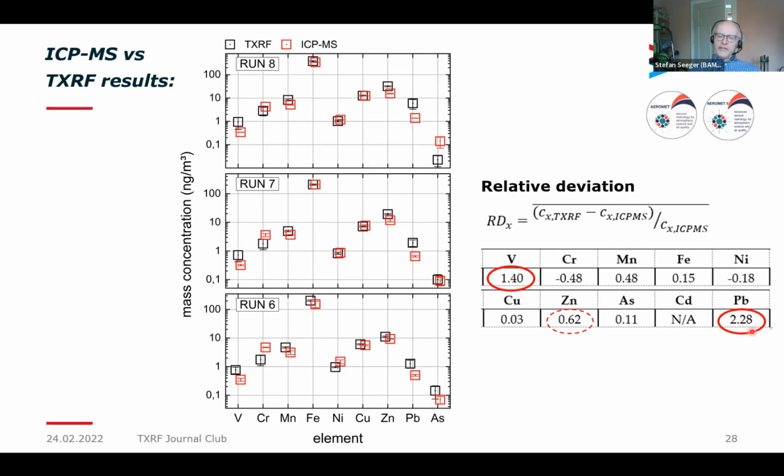But on the other hand, for the majority of the metal pollutants listed here, the deviation between ICP-MS and TXRF is not so high and is in the range of 40%, which seems to be quite acceptable within the EU.